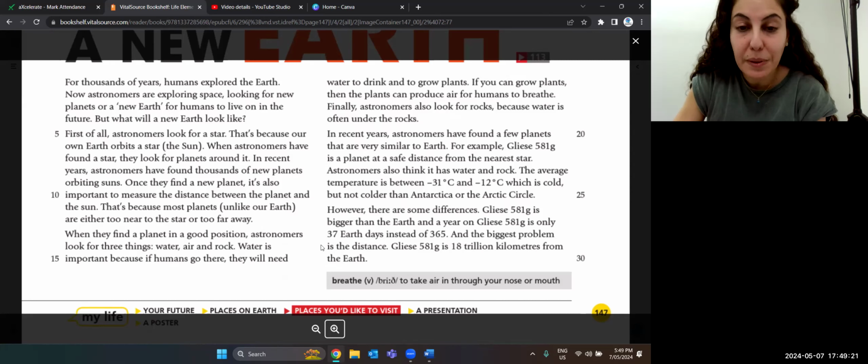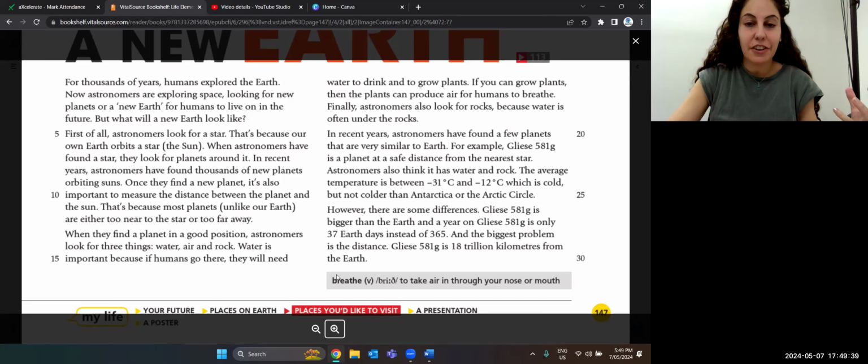And the biggest problem is the distance. Gliese 581G is 18 trillion kilometers from the Earth.